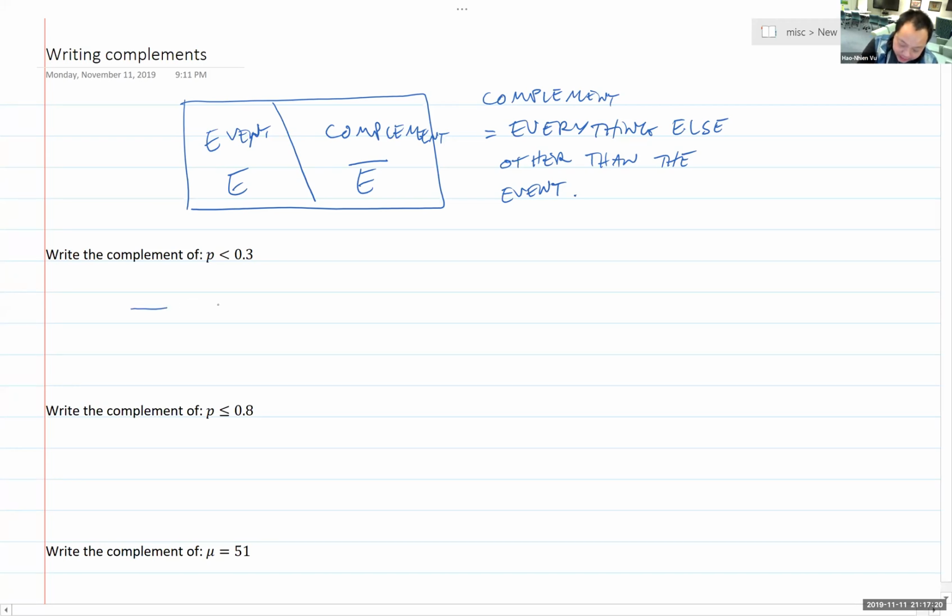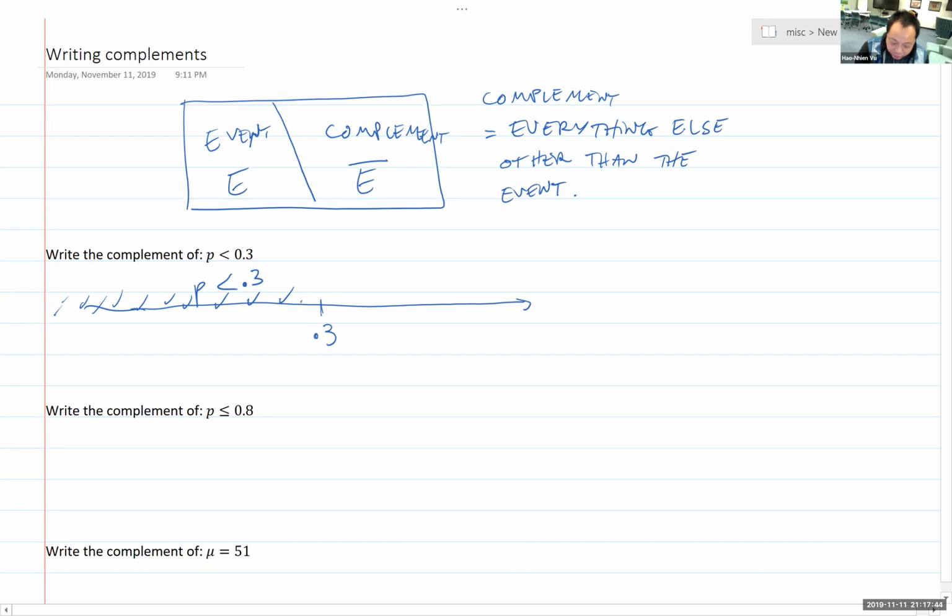So that means we have a number line like this, and 0.3 is somewhere. Then P is less than this. P is less than 0.3. So P is like 0.2, 0.1, 0, negative numbers, all the way down to negative infinity.